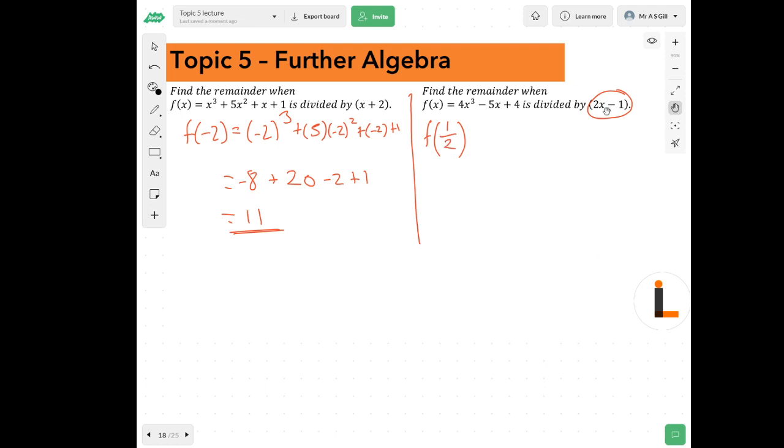Right, the value of x here is going to be a half.